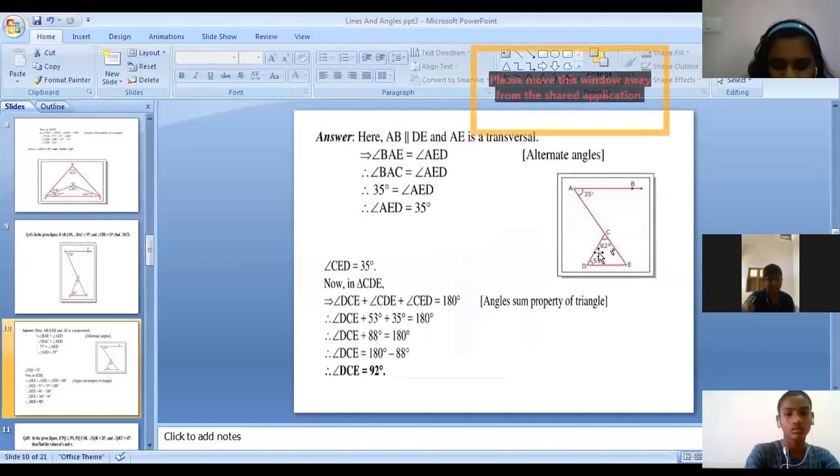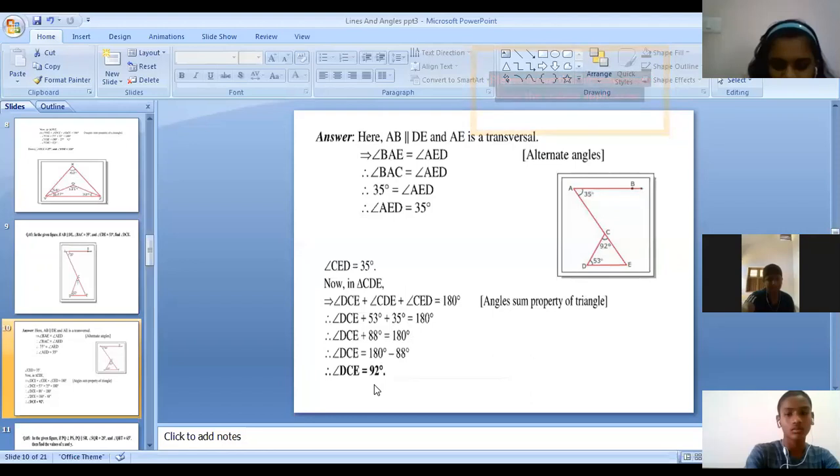Angle C plus angle D plus angle E equals 180 degrees. Angle C we need to find. The other two angles are 53 degrees and 35 degrees, which gives 88 degrees. So angle C plus 88 equals 180. Angle DCE equals 180 minus 88, which gives 92.